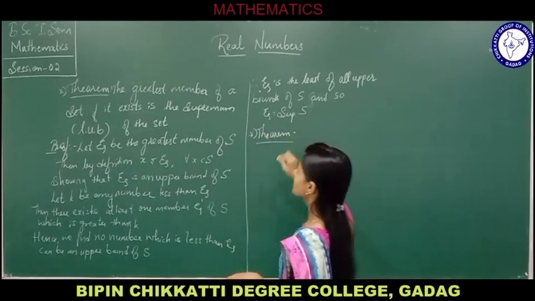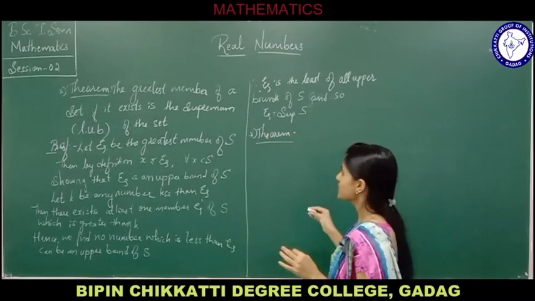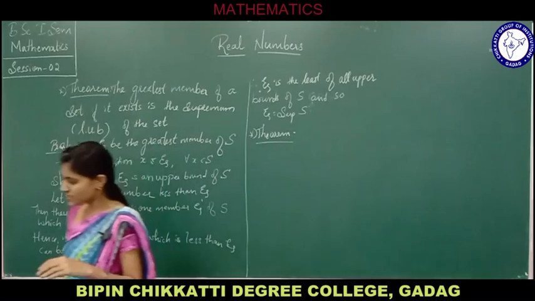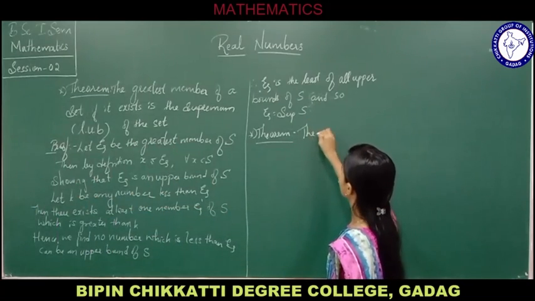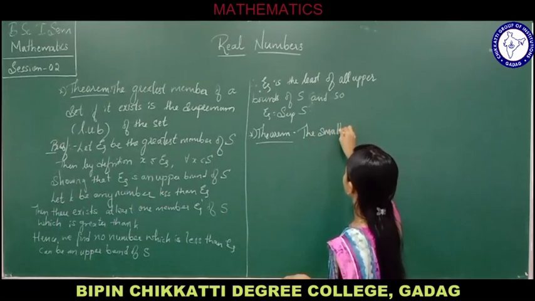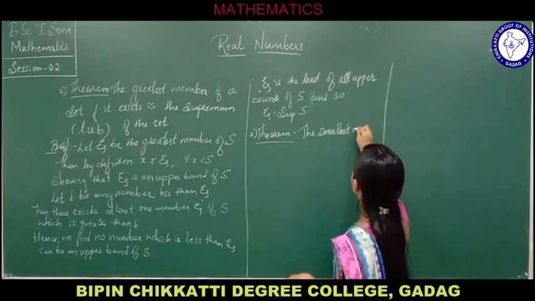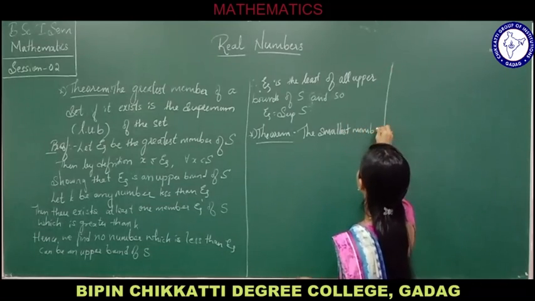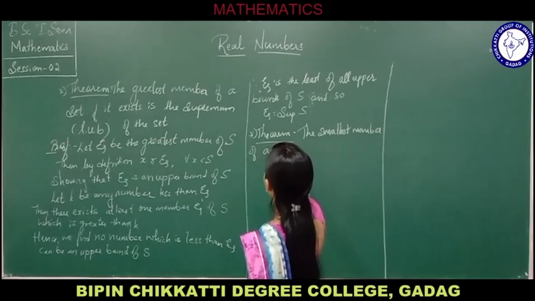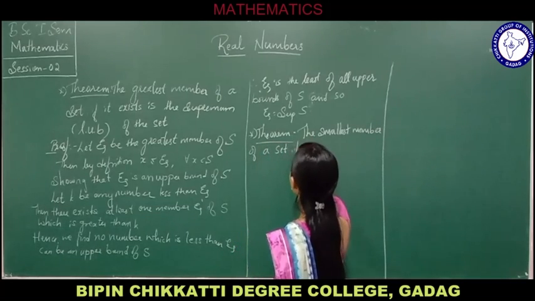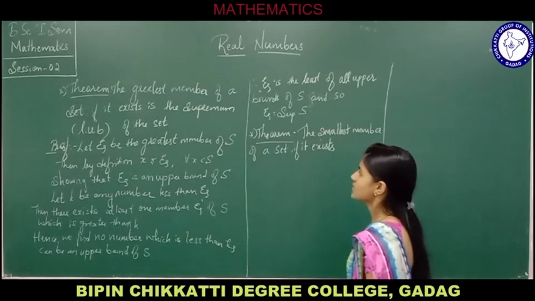We have that the smallest member of a set, if it exists, is what?